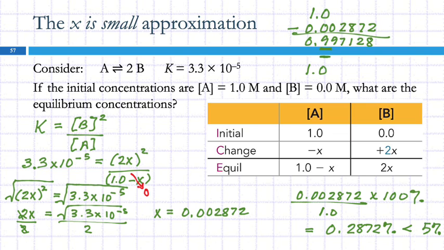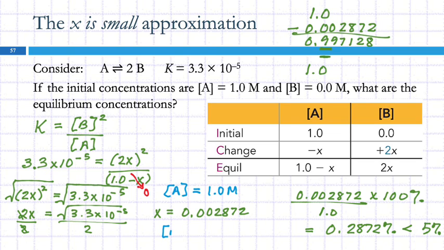So in final concentrations, equilibrium concentrations, I've kind of made a mess here. I'll sort of squeeze it in here. The equilibrium concentration of A is going to be the same as what it was to start with.